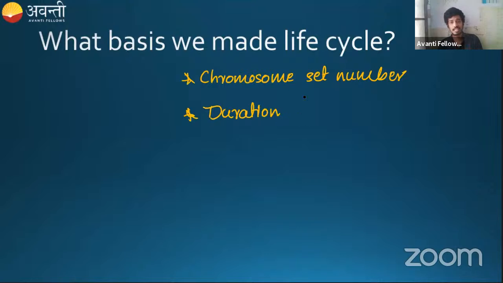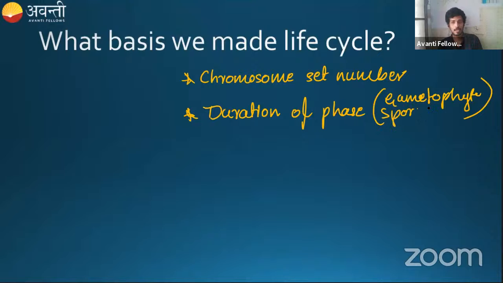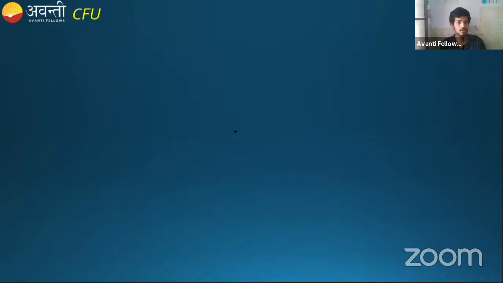What is this phase? This phase is either the gametophyte phase or the sporophyte phase. So that's what we are discussing here. And taking these two things into consideration, we made a life cycle. Okay, so before we go into that, next we have a question.